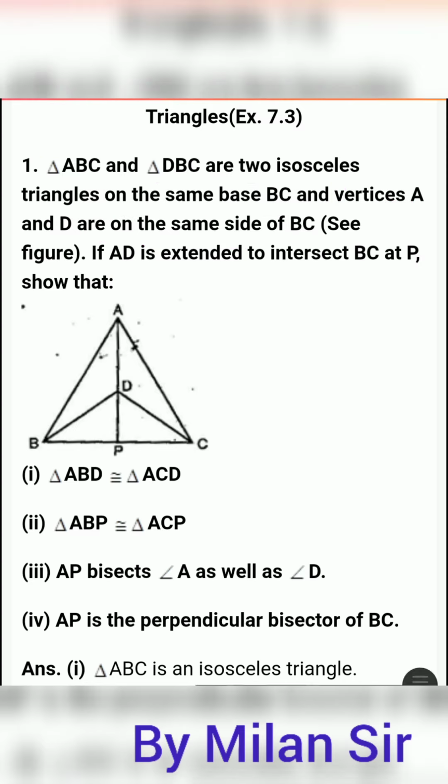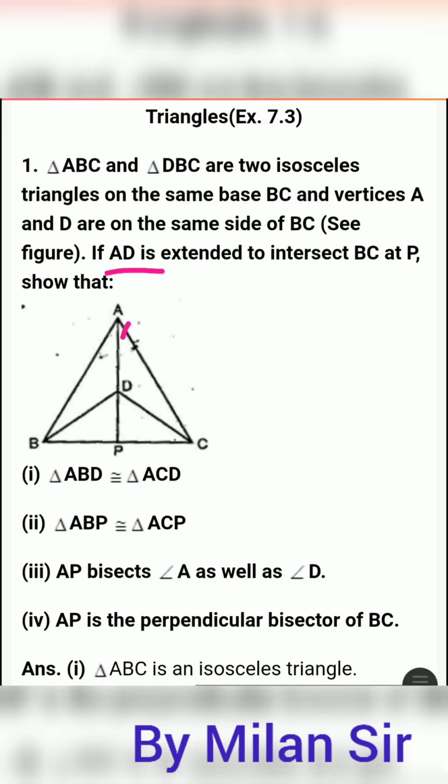Here ABC and DBC are two isosceles triangles on the same base BC. Vertices A and D are on the same side of BC, that means the upper part.